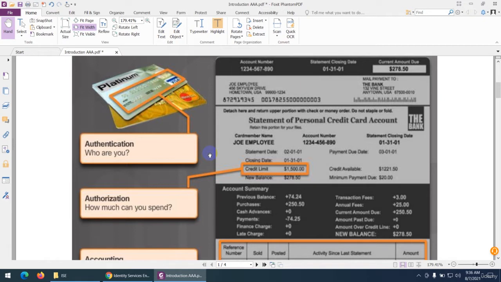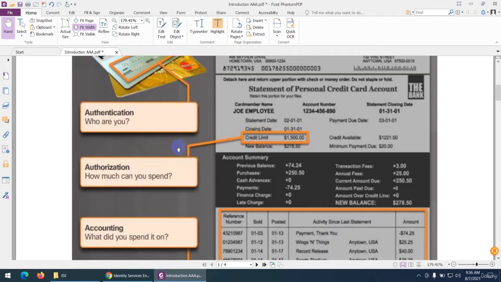Who are you? I will explain authentication and authorization one by one, but let me explain overall what 3A, AAA is. So you need to put in your PIN number to prove who you are, and if you know the PIN number, then you can access the rest.